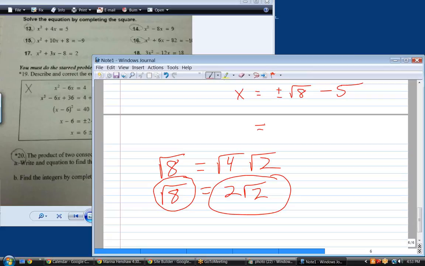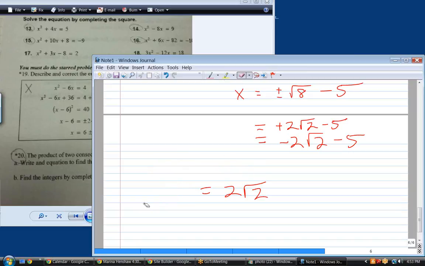So our answers are plus 2 root 2 minus 5 and minus 2 root 2 minus 5. And in case those look like strange answers, they're not. That's a perfectly fine way to express these answers.